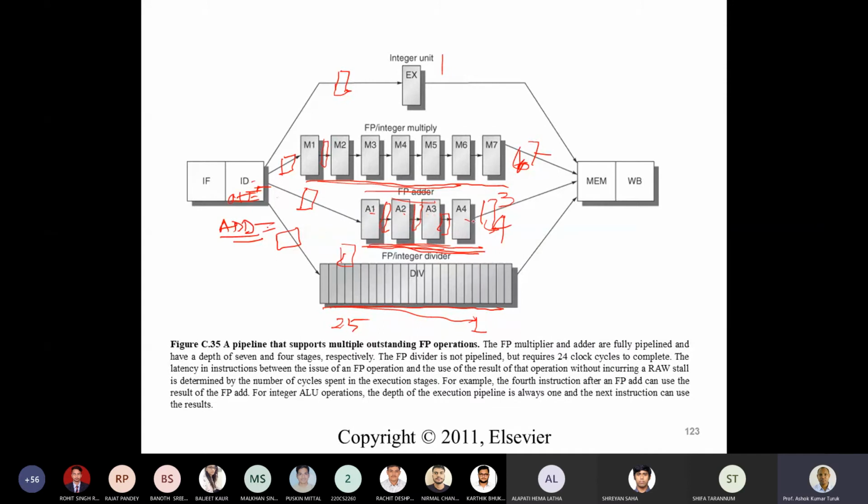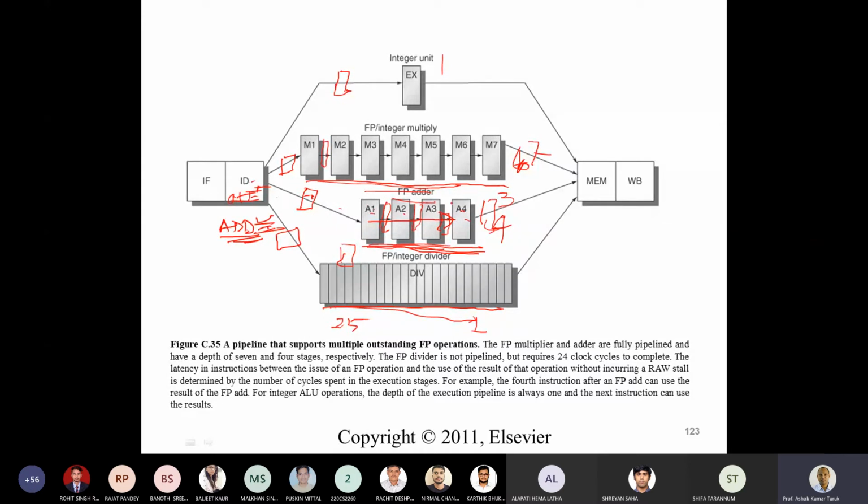This instruction needs the result of that instruction which is already in execution, and until that result is available, this instruction cannot proceed. Now it checks until that instruction is not listed. Until this floating point register says that the result is available, this instruction cannot proceed into the pipeline.